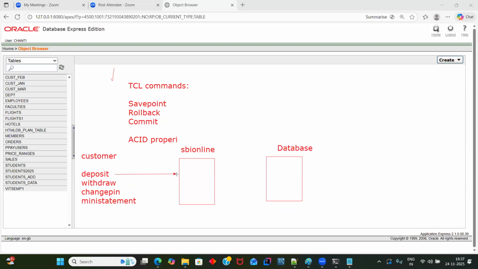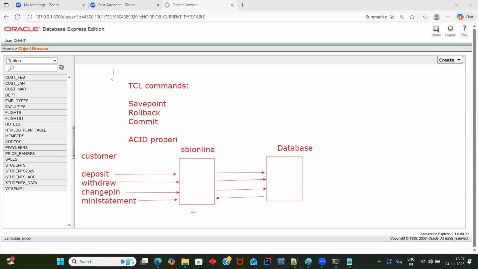Now, let's talk about these operations. Deposit is a kind of update operation, right? Whenever you do an update, you talk to the DB and run the update command. Similarly, withdraw is the same operation; the update command will run. For change pin, the old pin will be modified to a new pin; again, it's an update query. A mini statement is simply a read operation.